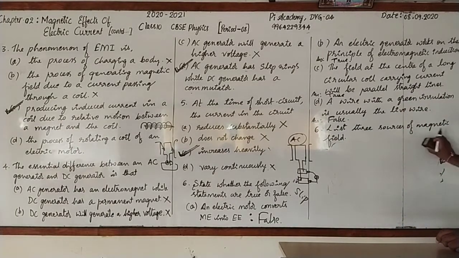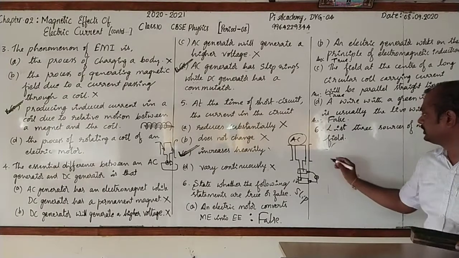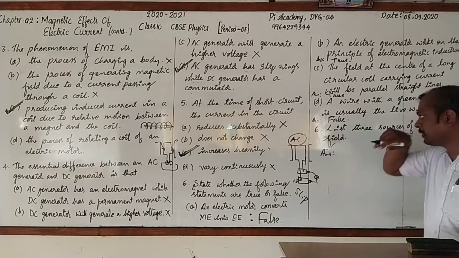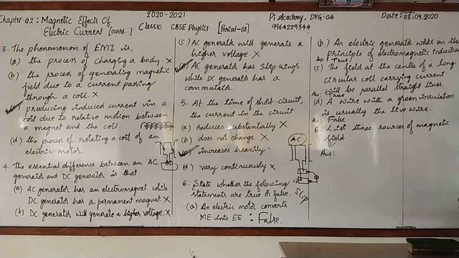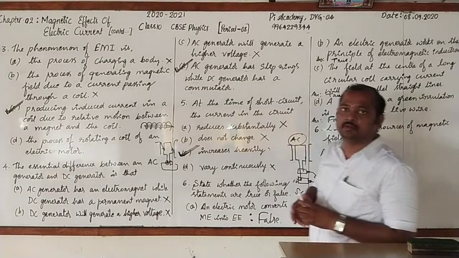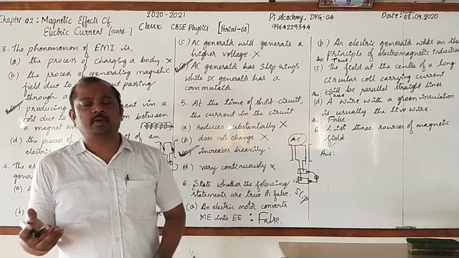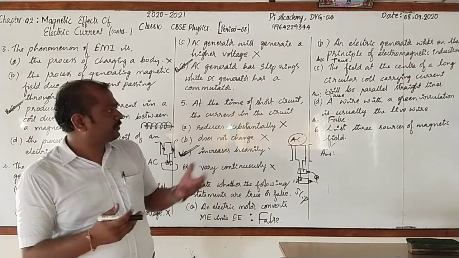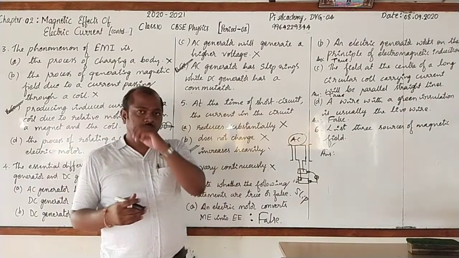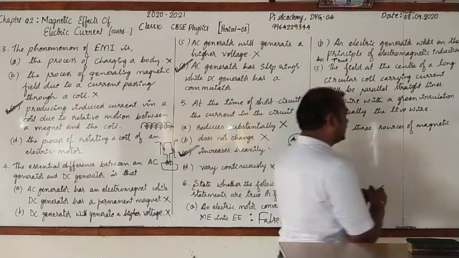Now let us go for answering sixth question. Sixth question is, list three sources of magnetic field. We have to write the sources or the objects which produce magnetic field. You are able to tell that.